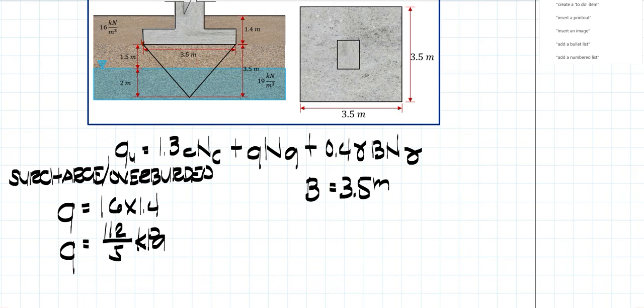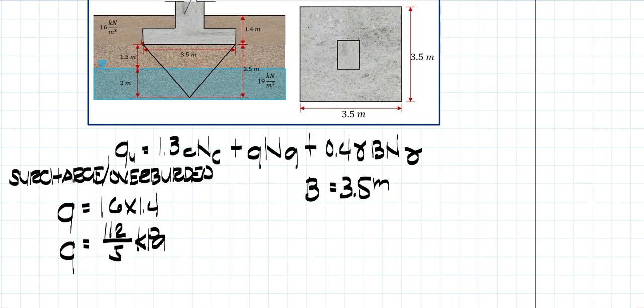is kukunin natin using the gamma average, kasi nga there are two types of soil na na-cover yung height na 3.5 meters, which is yung same as our width of the footing.